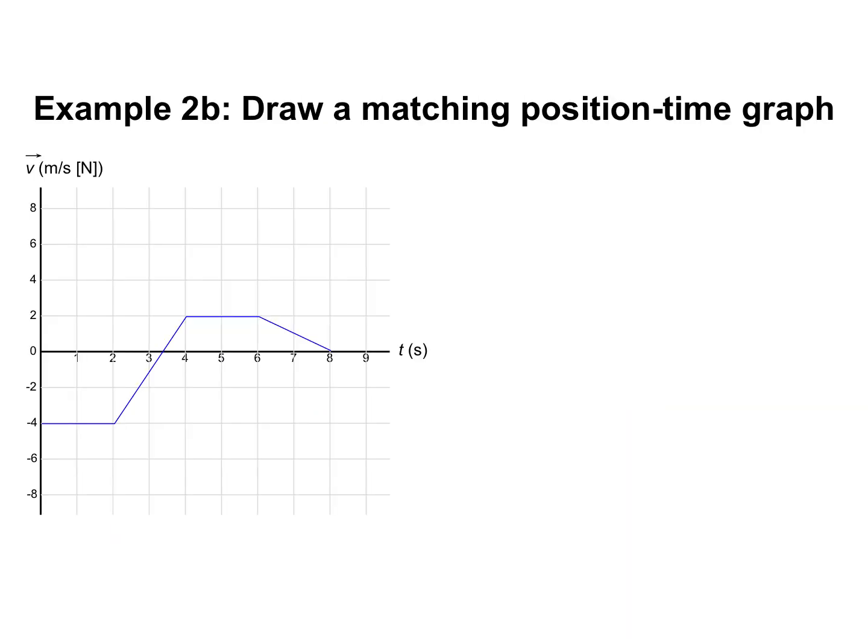All right, and now the last one here. So we're going to take this velocity time graph that we analyzed, the same one, and we're going to try to draw a matching position time graph. Okay, so I'm going to start with the axes.